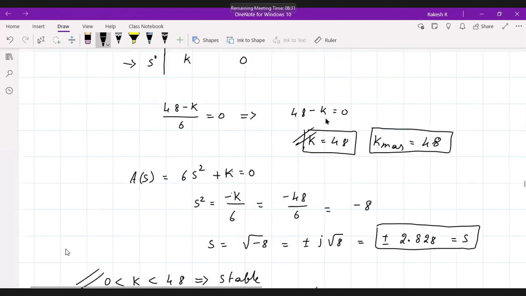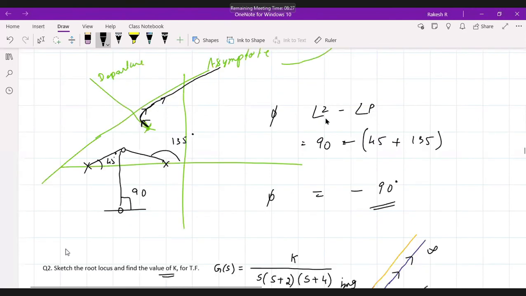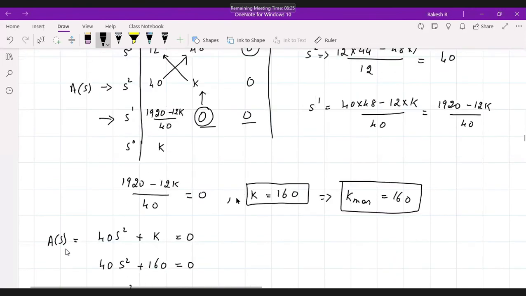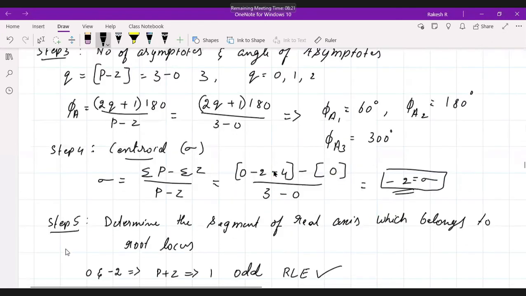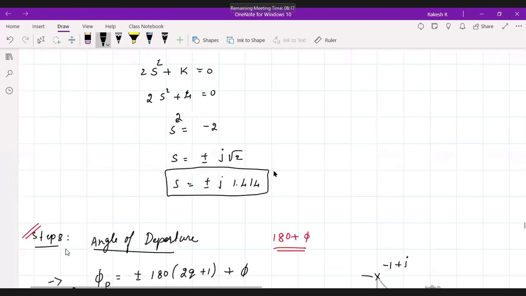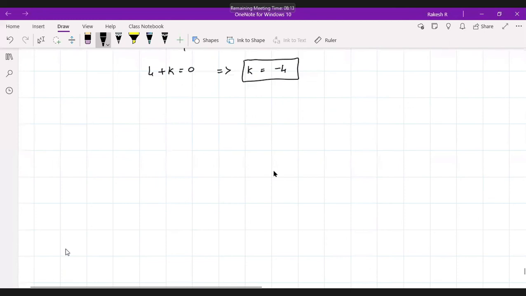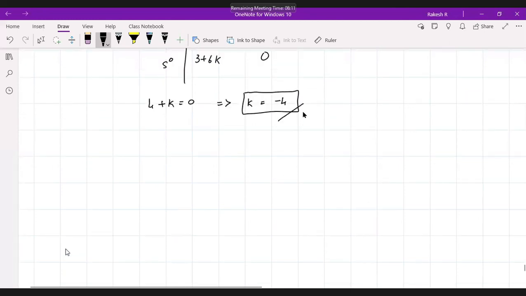When you check other questions also, the value of k was 160. With this, what can you conclude here? In all the questions we have the value of k as positive. The value of k was positive there, but in this the value of k is negative, right?